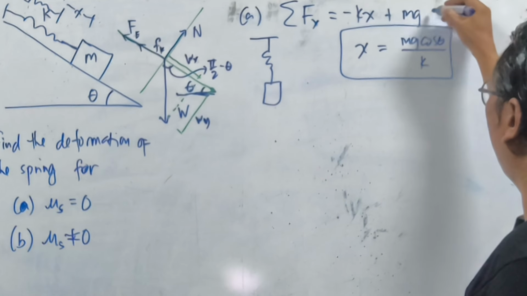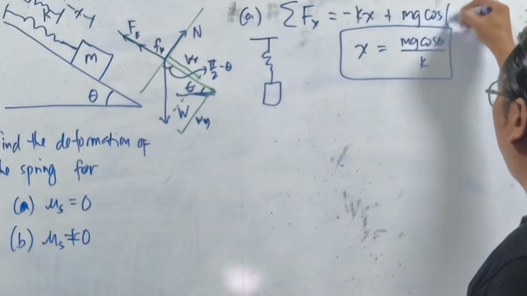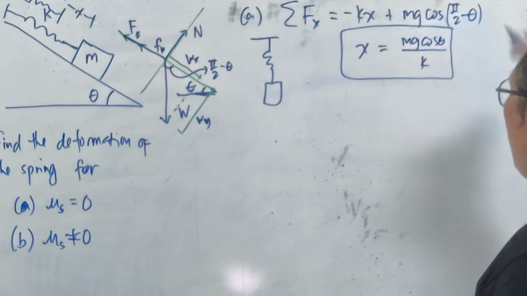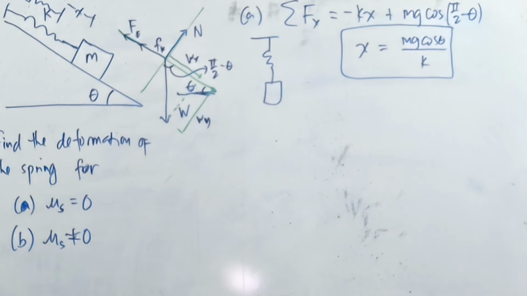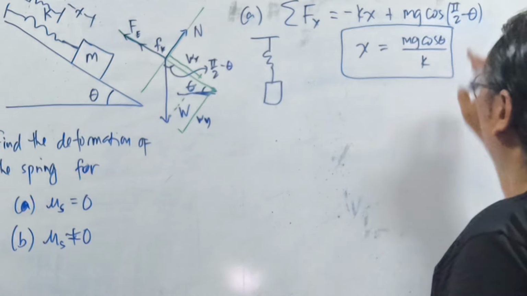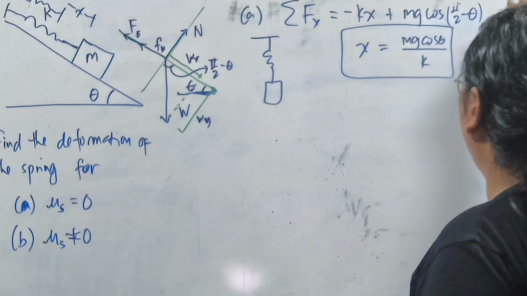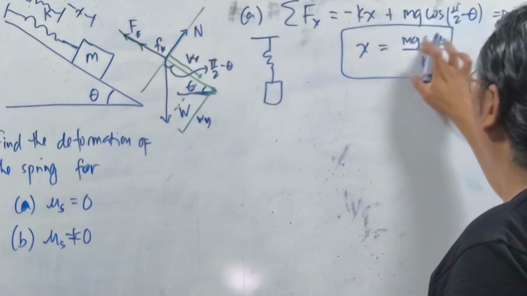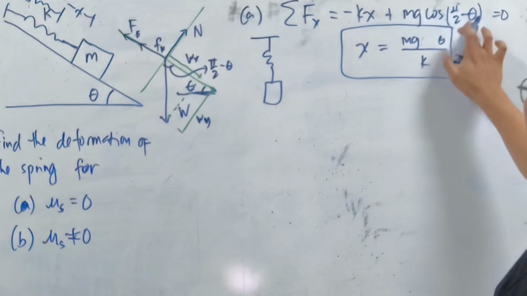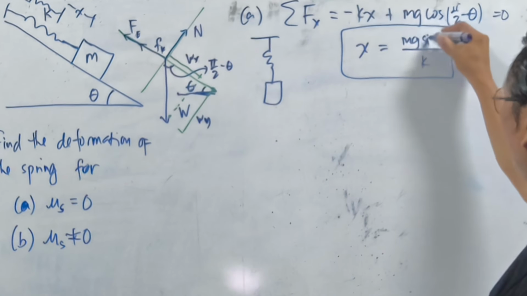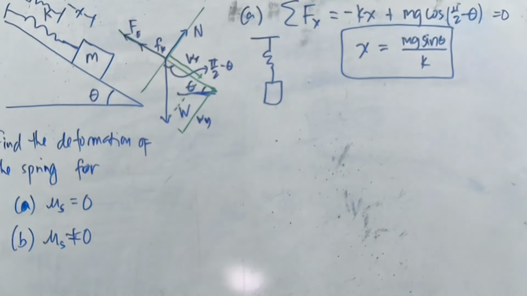So you have cosine of pi over 2 minus theta, which is actually just sine of theta. So this one right here is sine of theta.